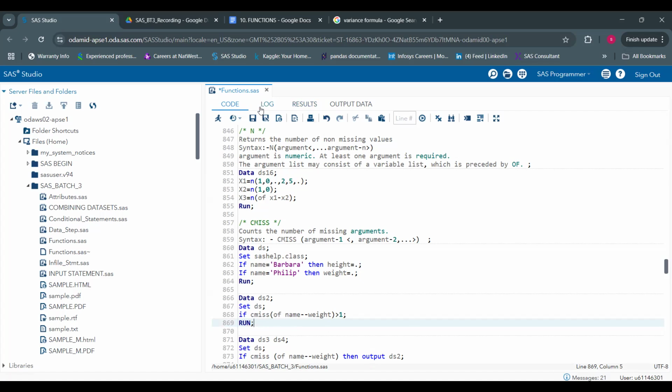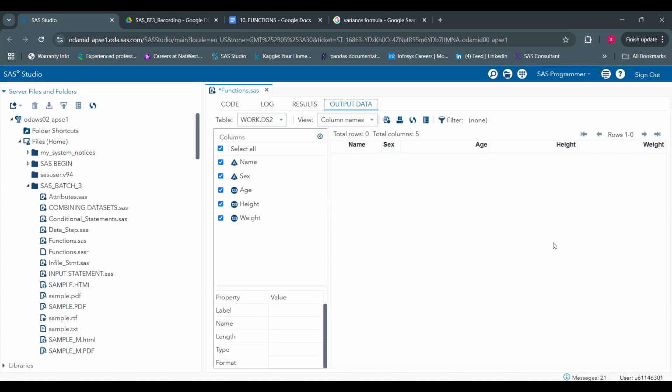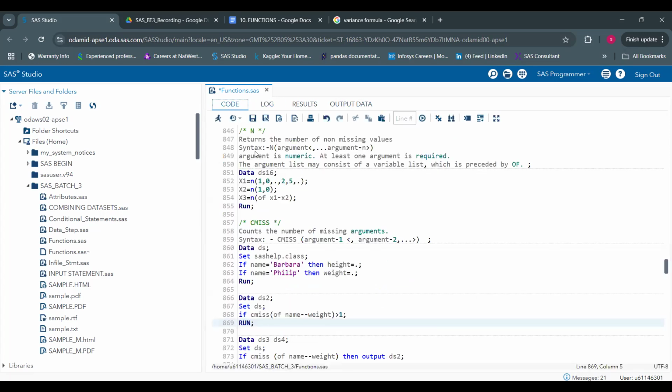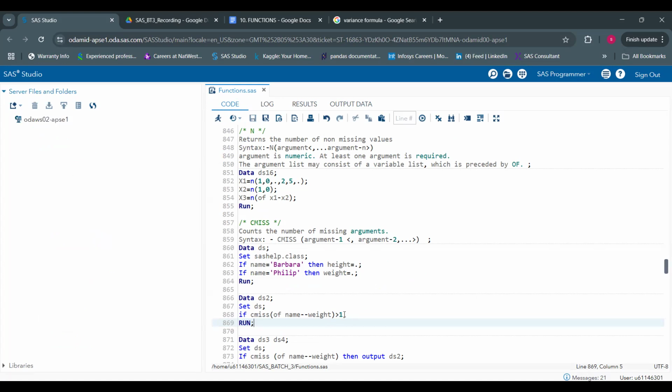If it is more than one, we should be getting some data, right? But we have 0 records, which means there are no rows with more than one missing value.